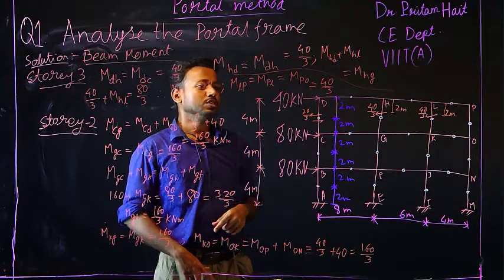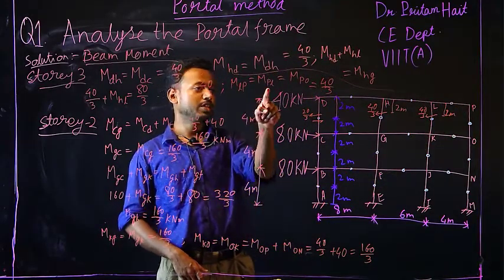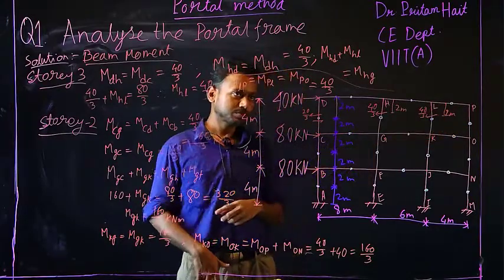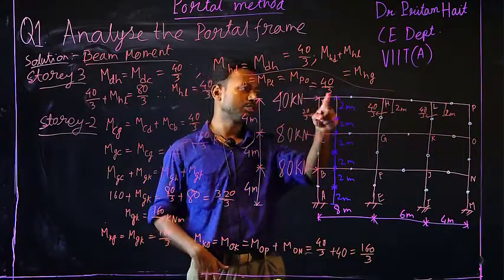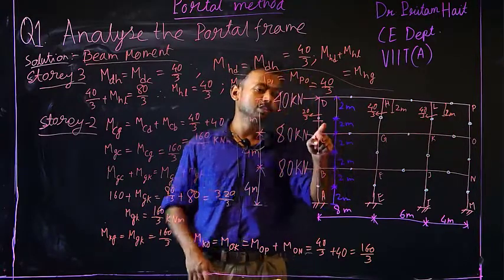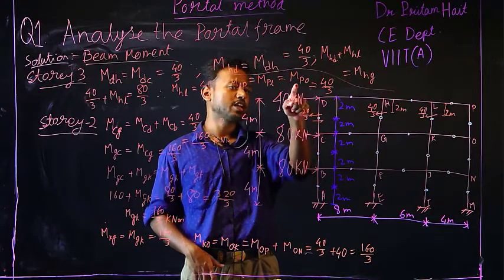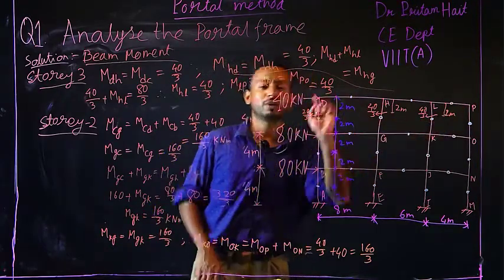So MLP equals MPL equals MPO. So I can write MPO equals 40 by 3, because we have calculated the end column moment is 20 by 3 into 2, 40 by 3. So I can write MPO equals 40 by 3.